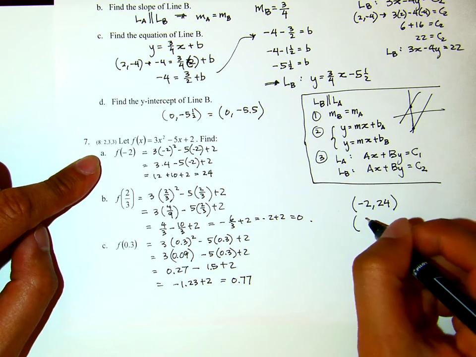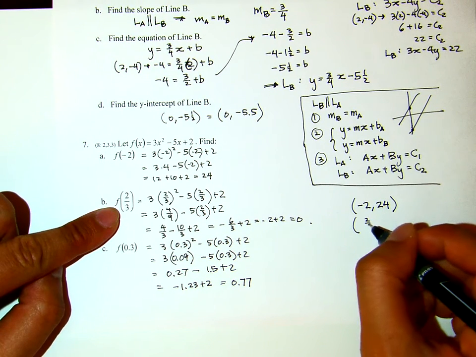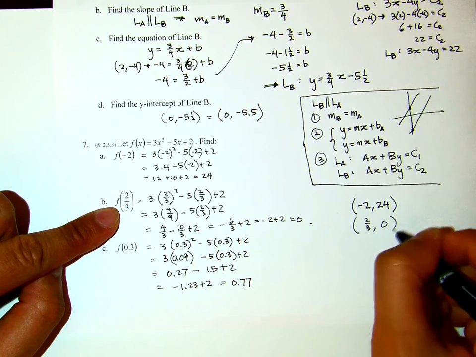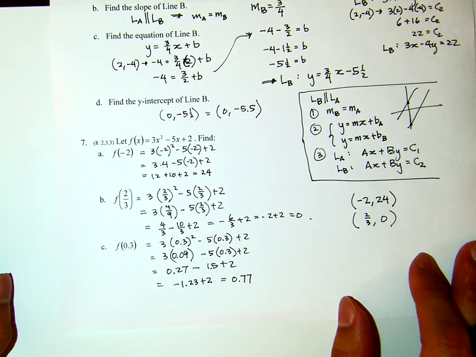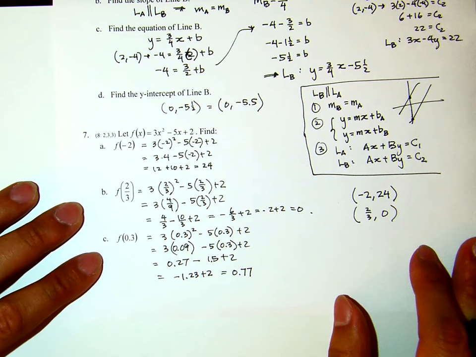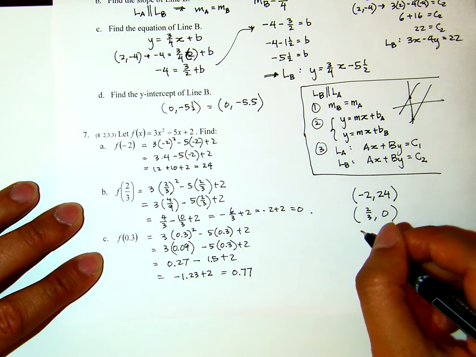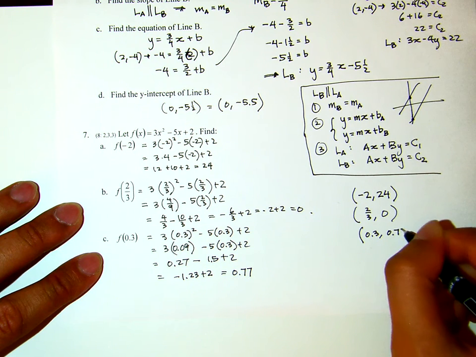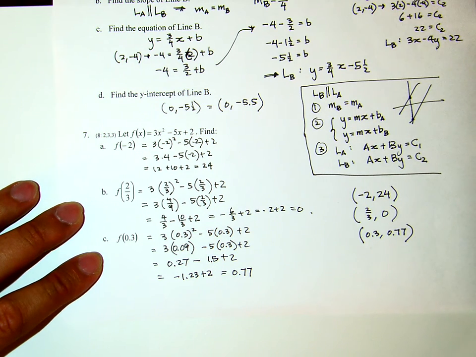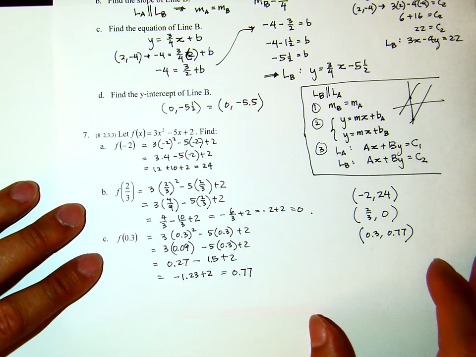Also, it will contain, in part B, (2/3, 0). In fact, if you think about this, this is one of the x-intercepts. Okay. Now, another coordinate that you will see on the graph will be (0.3, 0.77). Okay, but that's for the future.